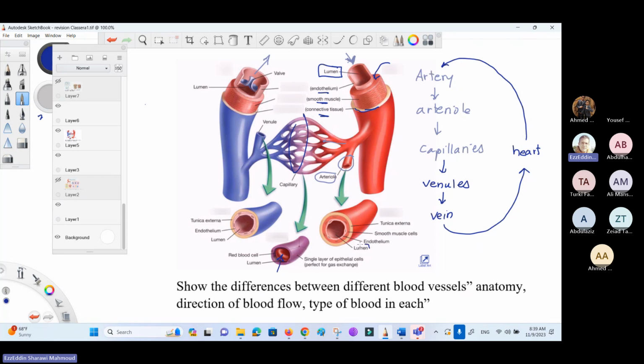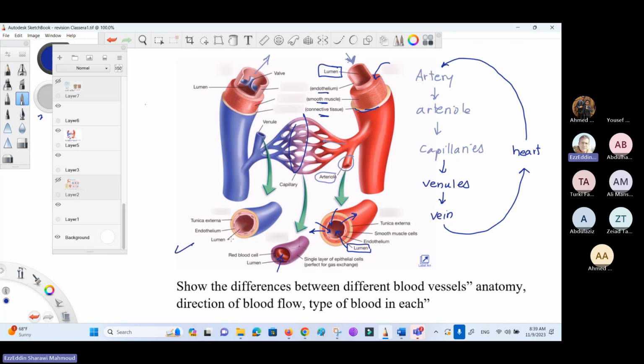So the lumen of the artery is narrow. Also, it's elastic, flexible to change its diameter according to the blood pressure. If the blood pressure is high, this layer relaxes. And if the pressure is low, it will contract and recoil again.